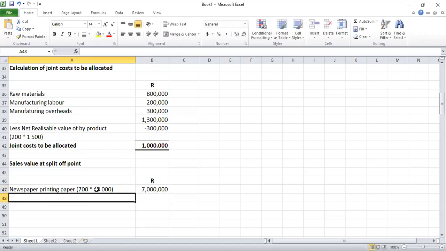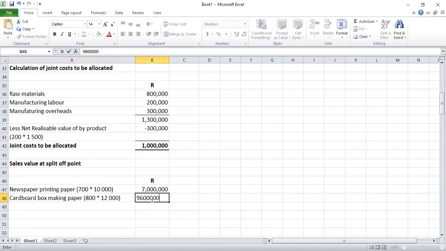We have cardboard box making paper: that would be 800 multiplied by 12,000, which gives us 9.6 million. Then we get our total.